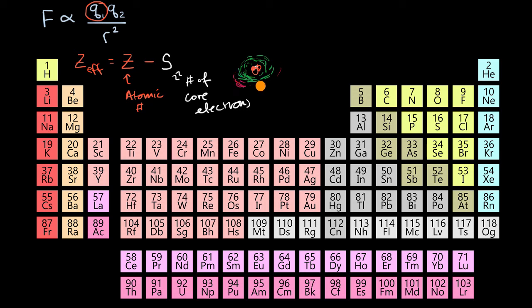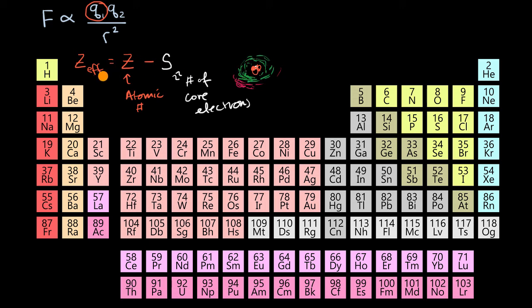Those valence electrons, which have a negative charge, are going to be attracted to the positive charge in the nucleus, but they're also going to be repulsed by all these core electrons that are in between them. And so that's why an approximation of the effective charge that these valence electrons might experience is going to be the charge of the nucleus minus, and this is an approximation, the number of core electrons that you have.